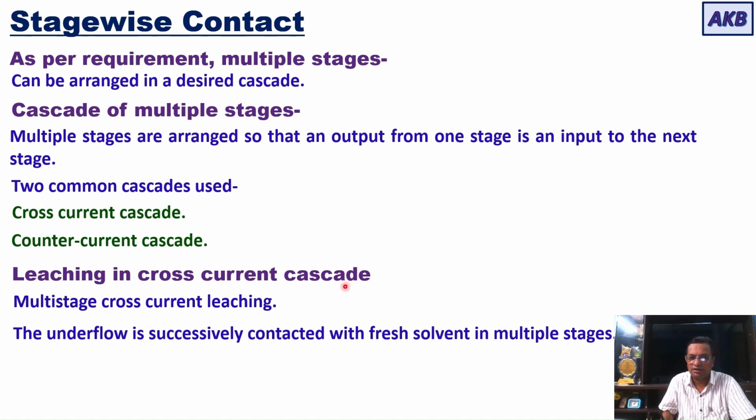The underflow will move from one stage to the other, and in each stage it will be contacted with a fresh solvent. It will be clear to you when I show you the schematic diagram. This could be carried out batch wise or in a continuous manner.